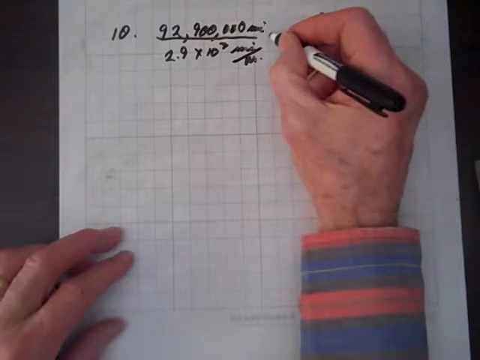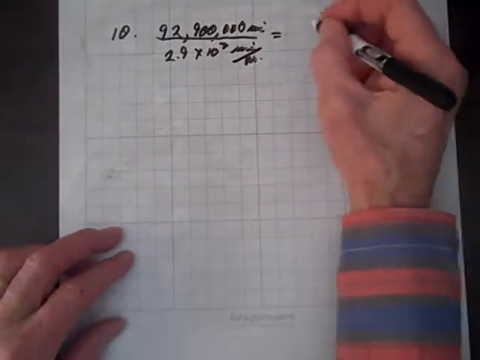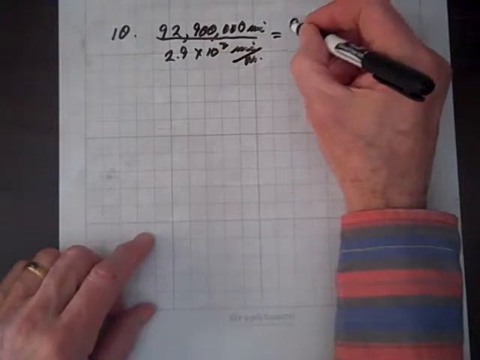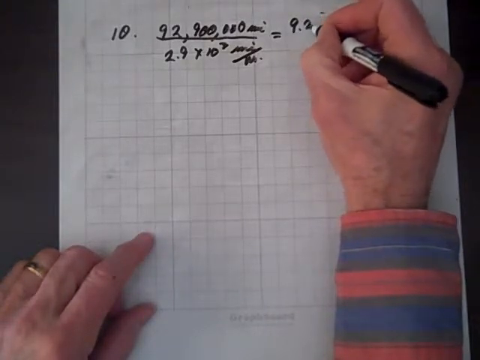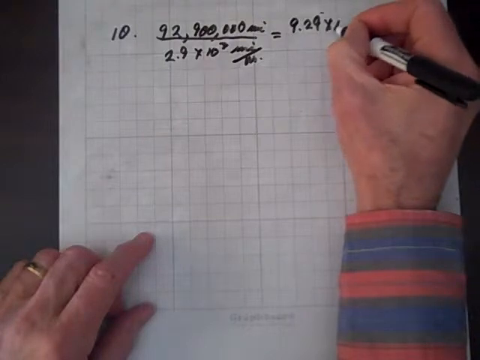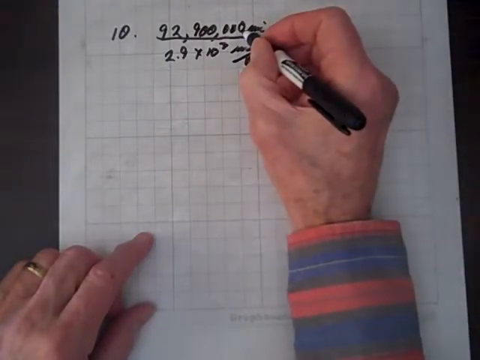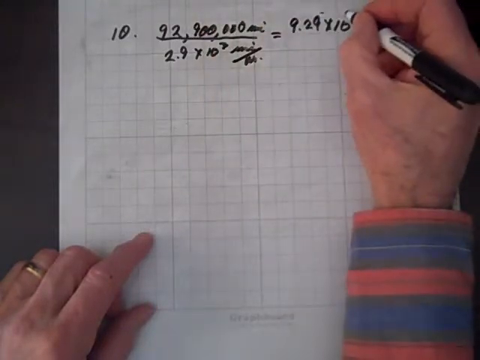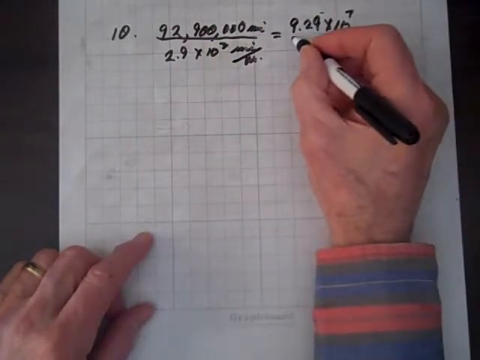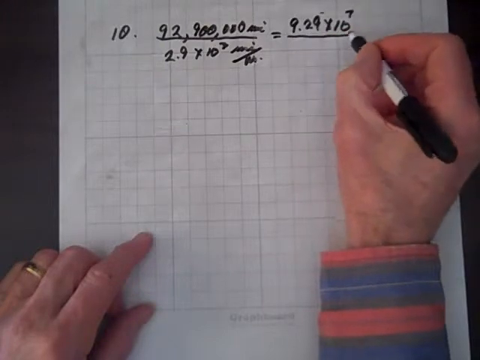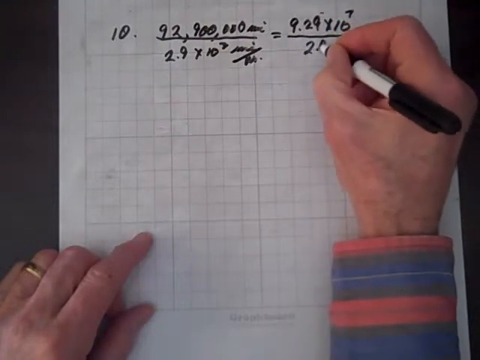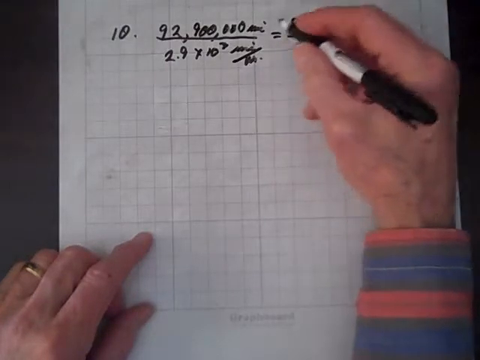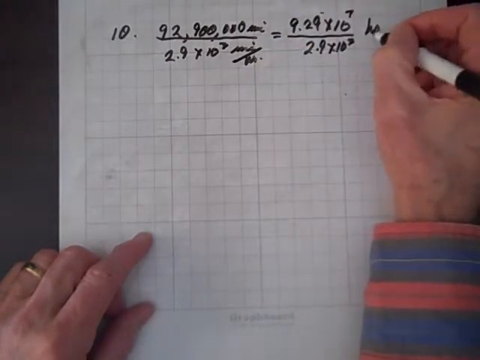And so this equals, in terms of scientific notation, 9.29 times 10 to the, I move this decimal over 3 and 3 more, 10 to the 7th, and divided by 2.9 times 10 to the 3rd, and this is when you invert and multiply, your units are going to be hours.